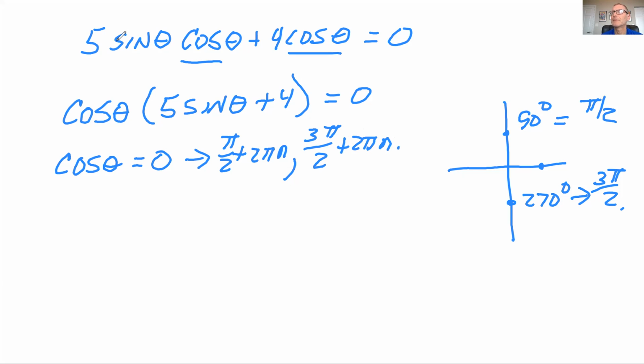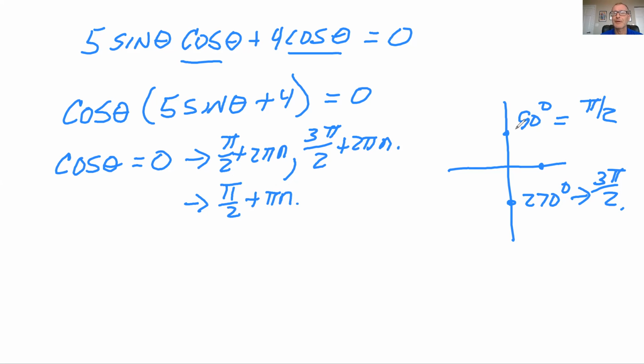And when you look at that one, you see that these two values are separated by 180 degrees. So if you think about it, you could rewrite it as pi over 2 plus pi n to simplify it. And I know that's a little bit tricky, but let's think about this a little bit, right?